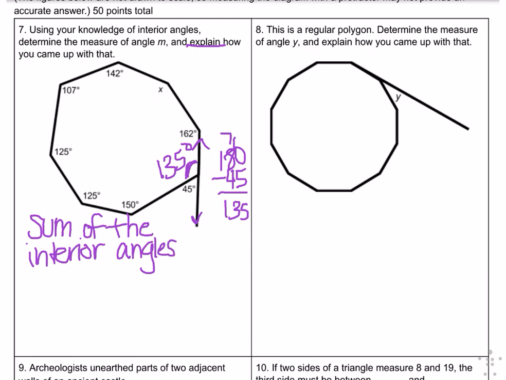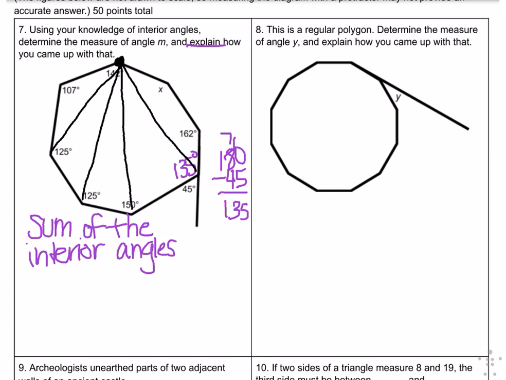So you can ask yourself, how many triangles are inside of this polygon? Let me try to see if I can draw that the best I can. So you would choose one vertex. I'm going to choose this one right here. And I'm going to add lines to connect all of these other ones to that one.